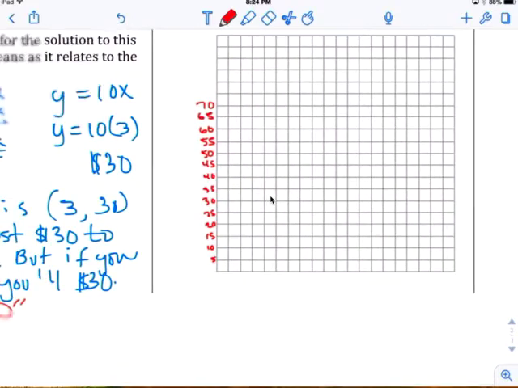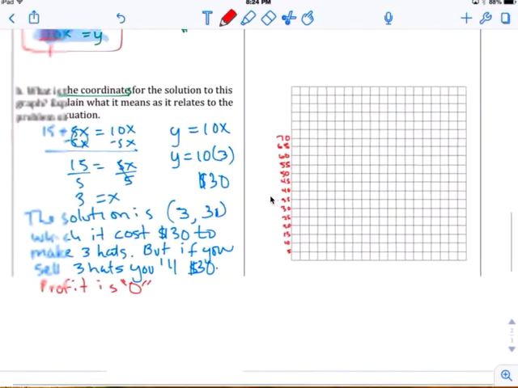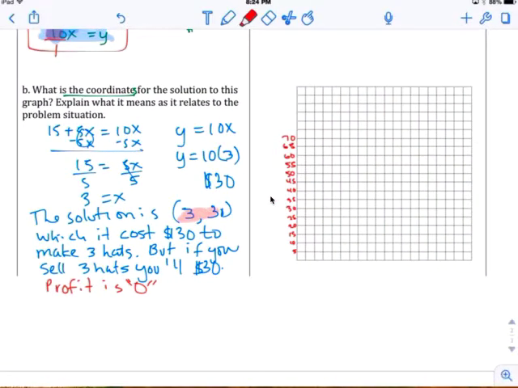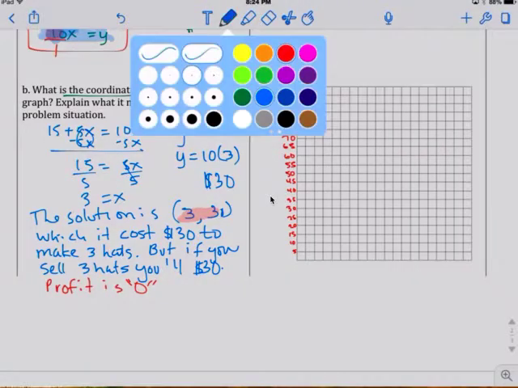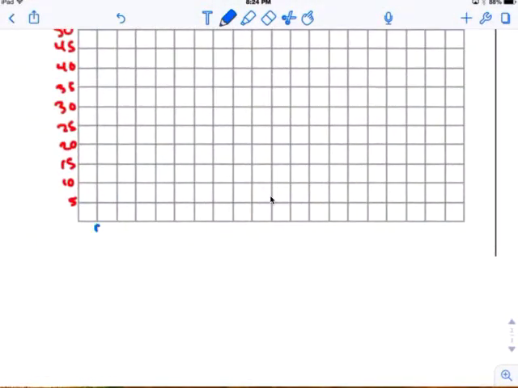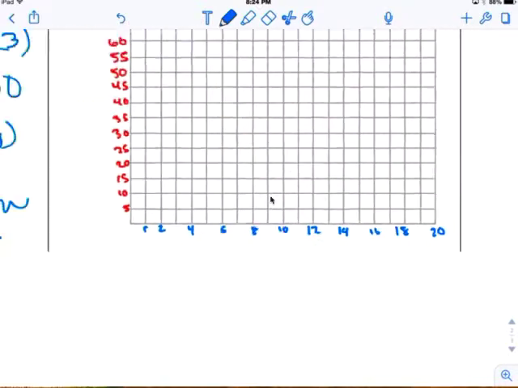Okay, keep going like that. And then this one, because they cross at 3, 30, it's so small, let's count by 1: 1, 2, 3, 4, 5, 6, 7, 8, 10, 11, 12, 13, 14, 15, 16, 17, 18, 20, okay?